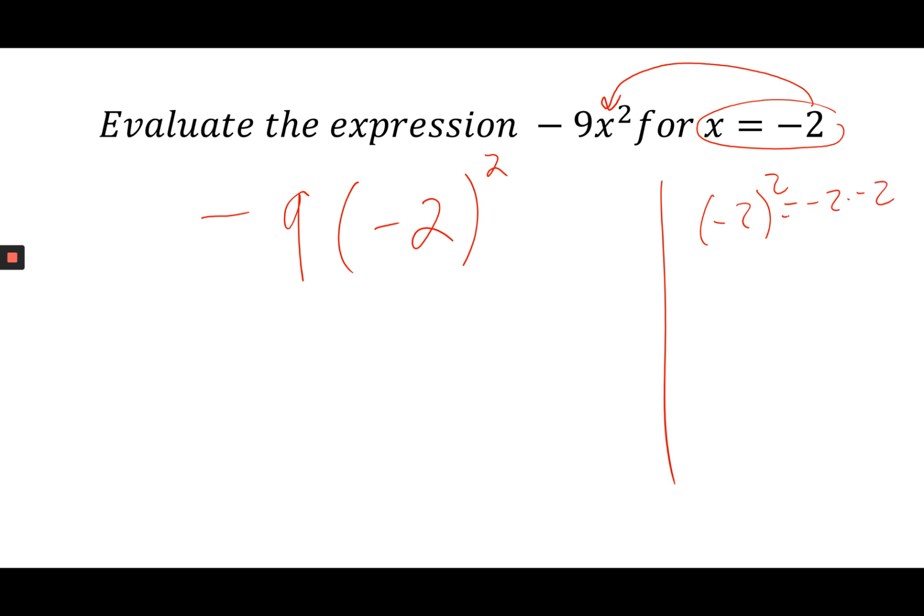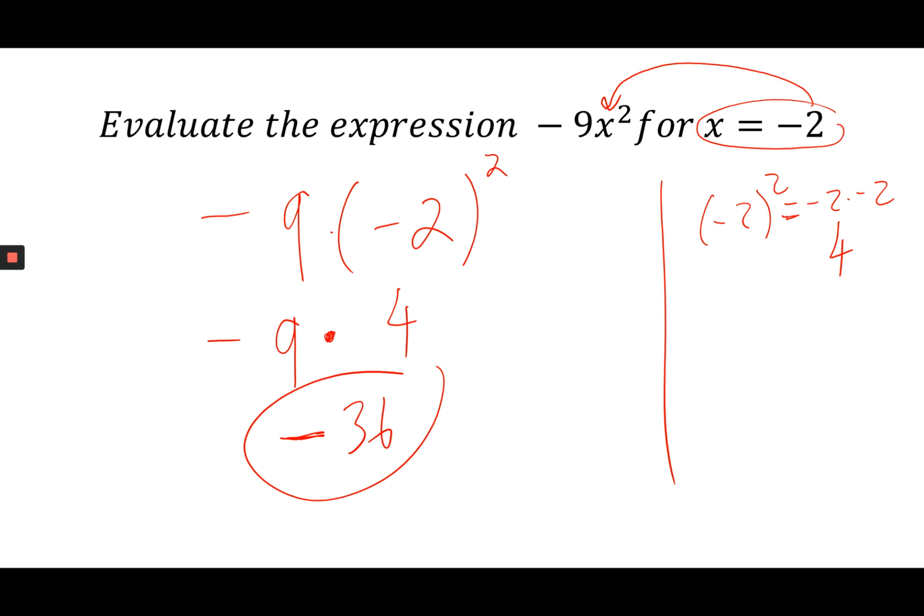When the signs are the same, the answer is always positive. Negative 2 times negative 2 is positive 4. So negative 9 times 4. Negative times positive is negative. When we multiply and the signs are different, the answer is always negative. 4 times 9 is 36. My answer is negative 36.